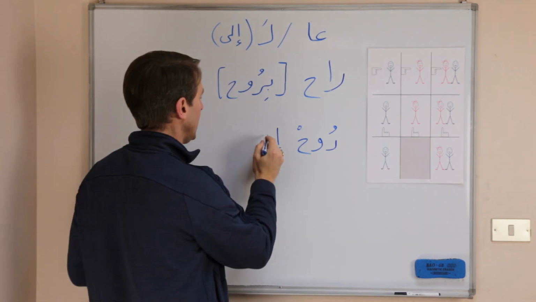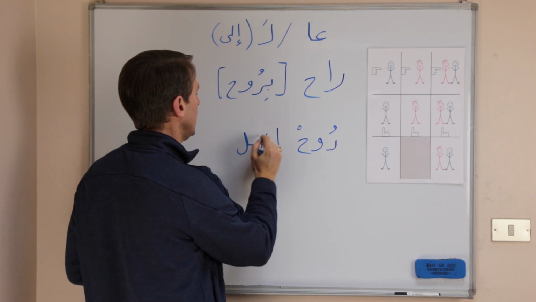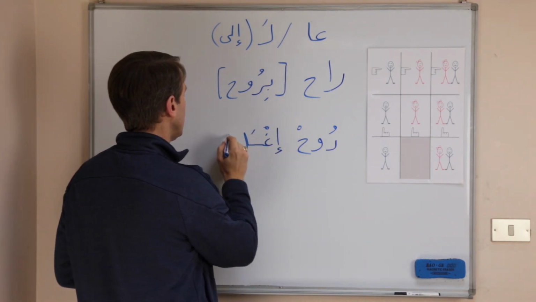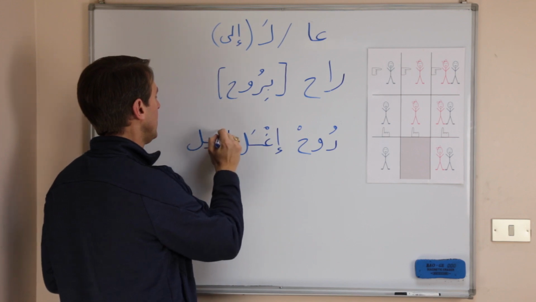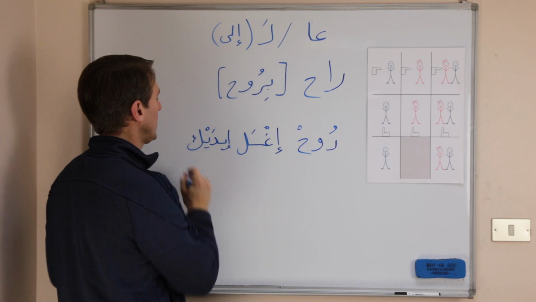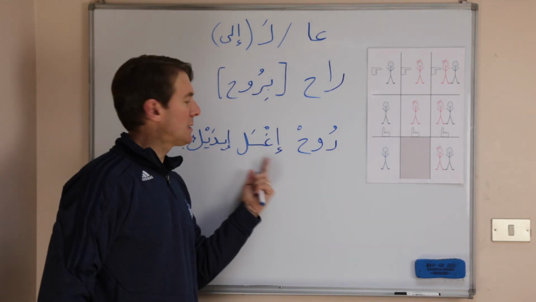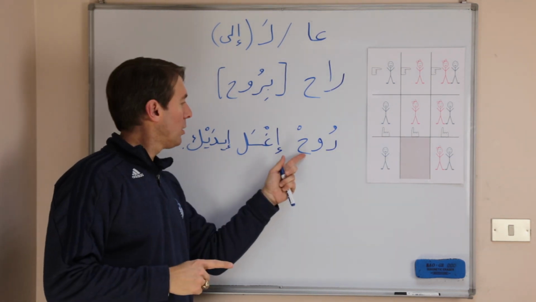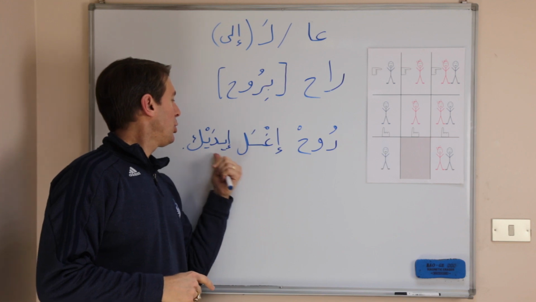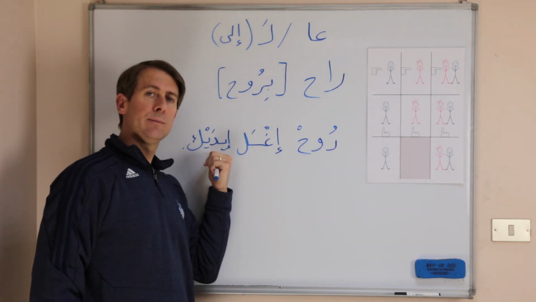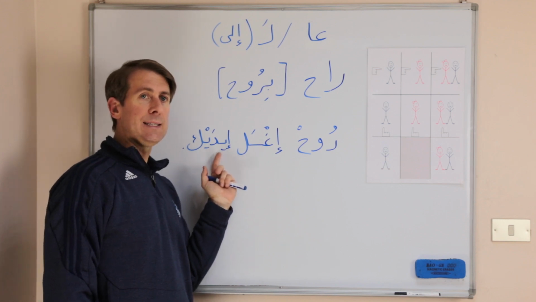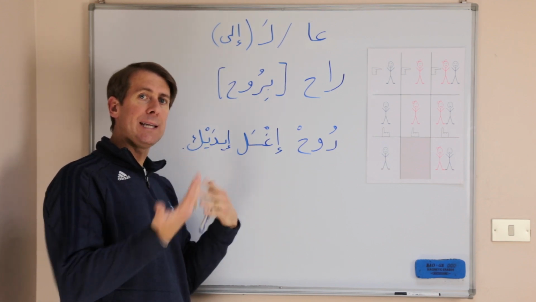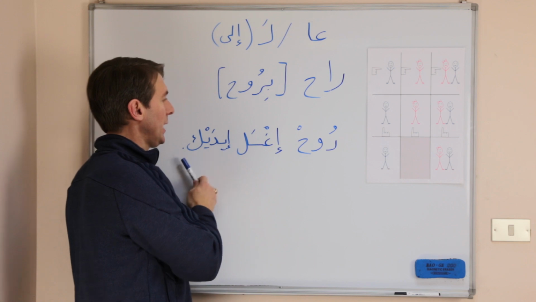Well, yeah, you could say it like this too. اغسل ايديك. Okay. روح اغسل ايديك. Go wash your hands. Literally, your two hands. ايديك. Eid one, ايديك two. Go wash your hands.